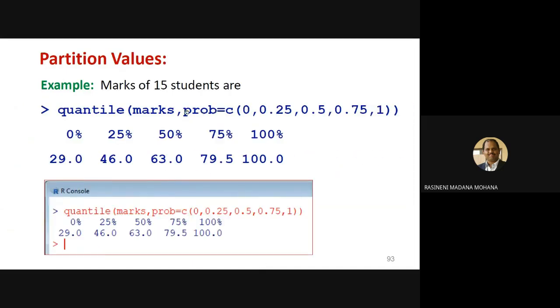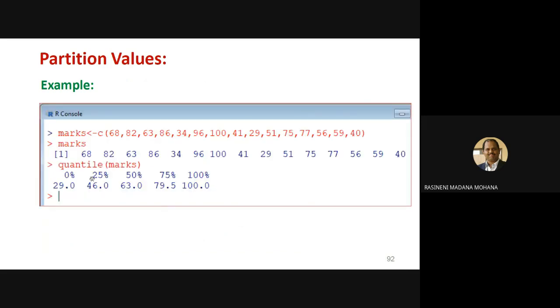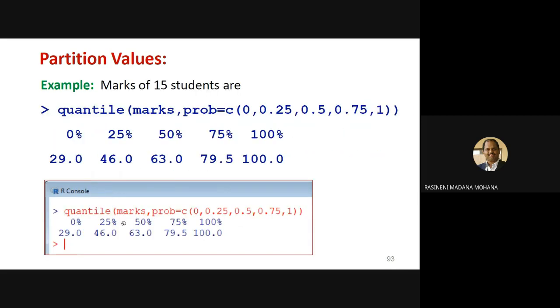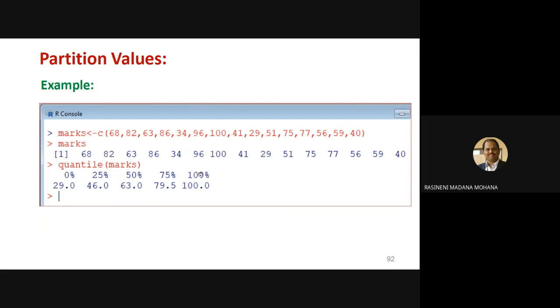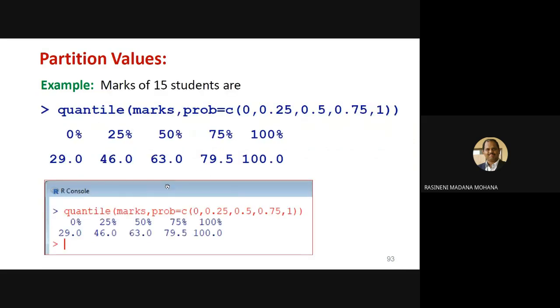Here you can see quantile of marks, comma, probs equal to c of 0, then 0.25, 0.5, 0.75, 1. Now it gives 25%, 50%, 75%, 100%. Previously also, by default, you get the same result.